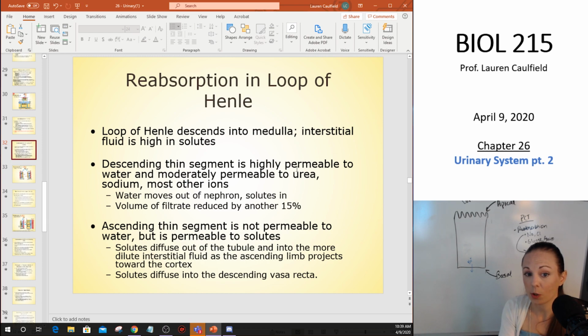If you are doing a similar thing like we did with the proximal convoluted tubule for the loop of Henle, you're going to want to divide it into the descending segment and the ascending segment. The ascending thin segment is not permeable to water, so we're not moving water at all, but it is permeable to solutes. So solutes are what we're going to be moving on the ascending side.